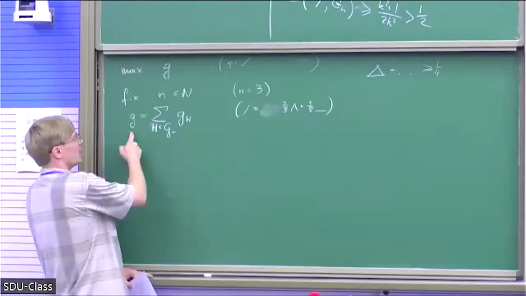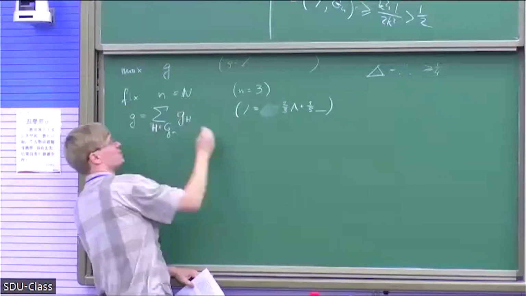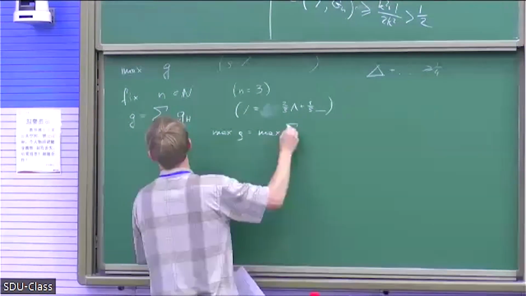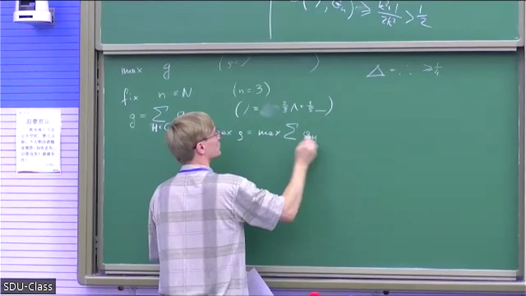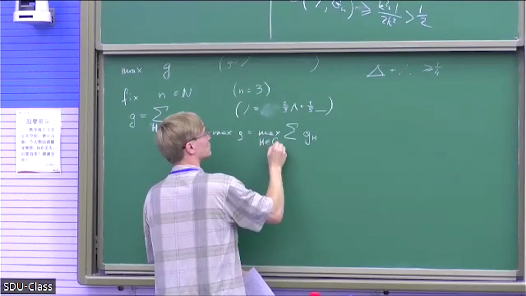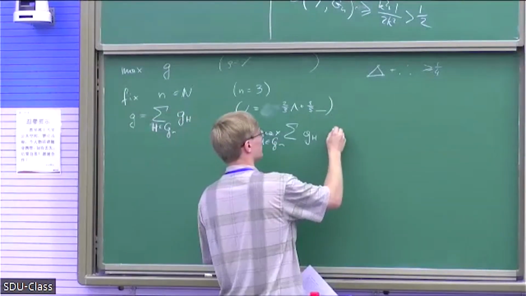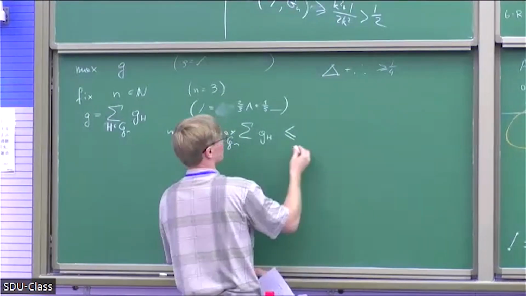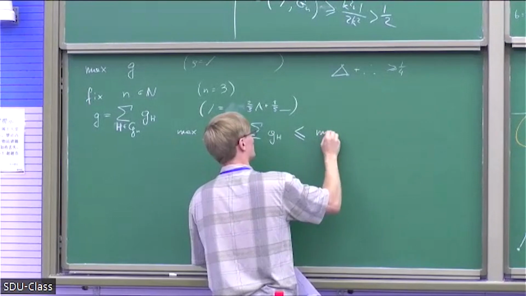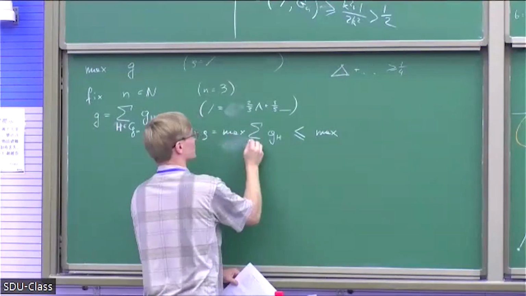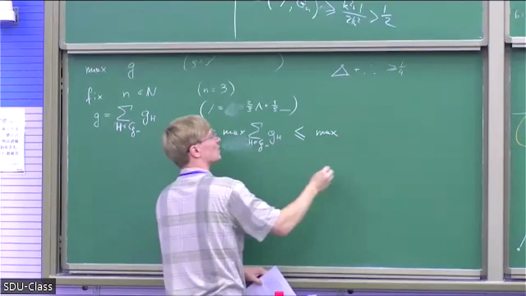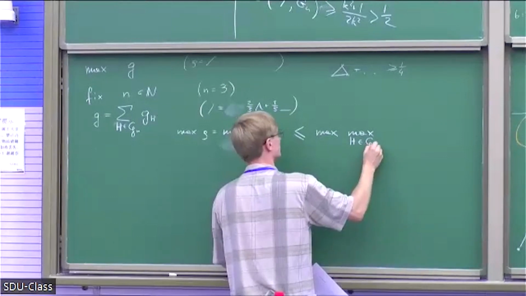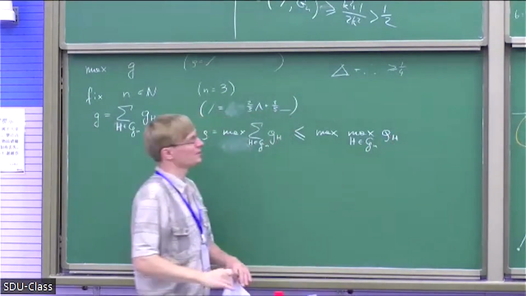What I can do now is maximize this g, maximizing the sum by just looking at the maximum of every one of those. So it's just the maximum over all H of g_H.